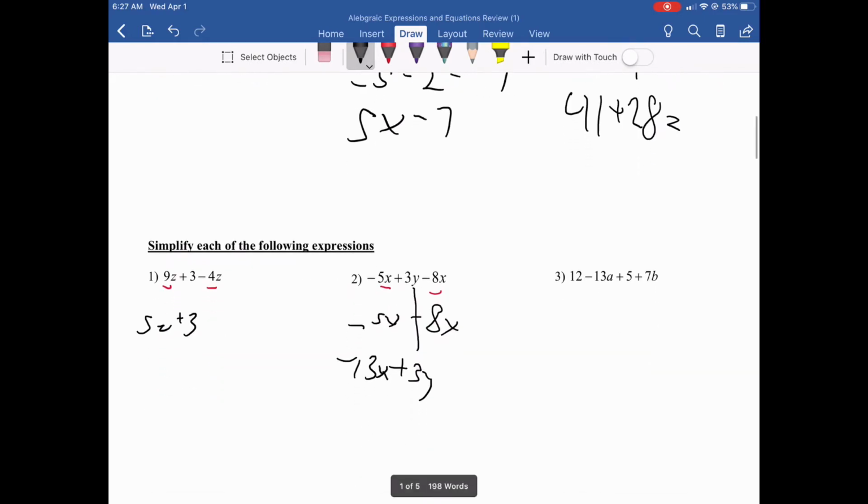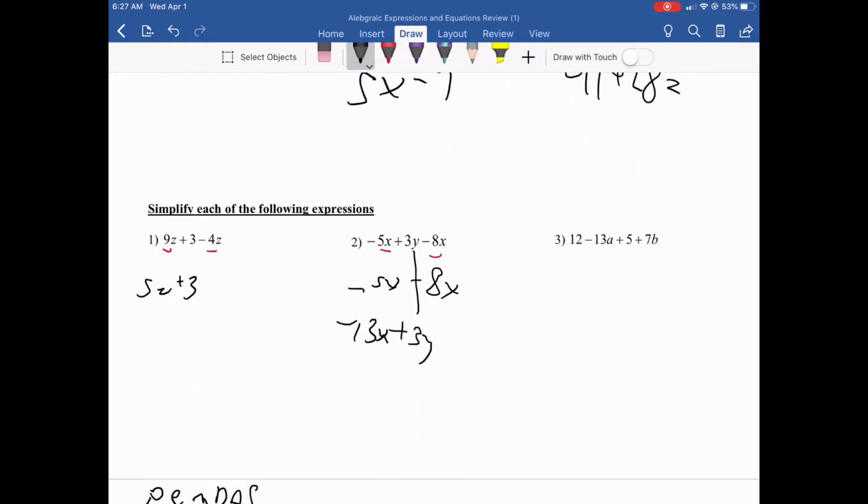So now, number 3, we have several variables. We got our whole numbers. We have A, and then we have B. Okay, but we can only add the whole numbers because they're the only ones that are like.